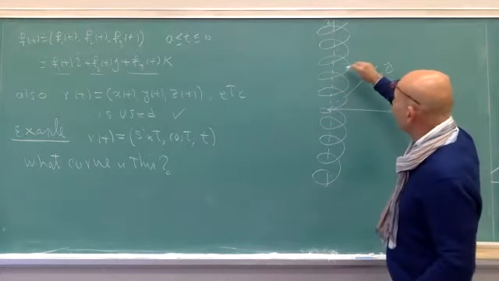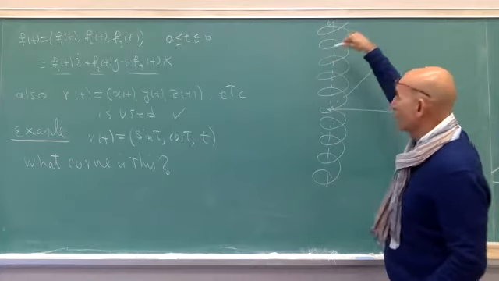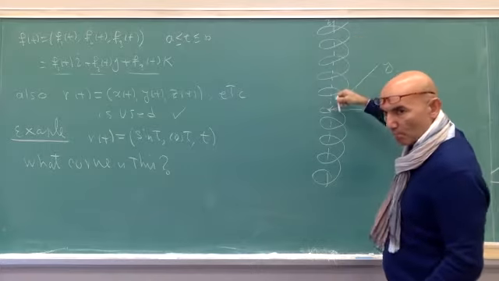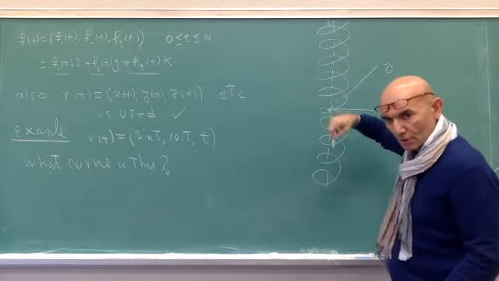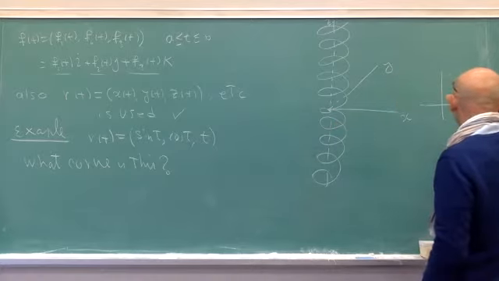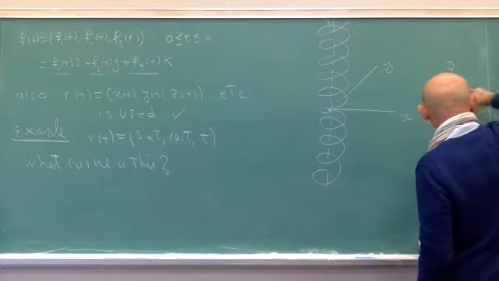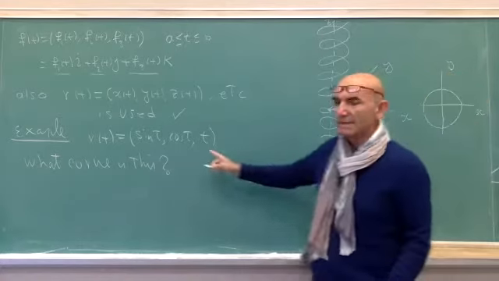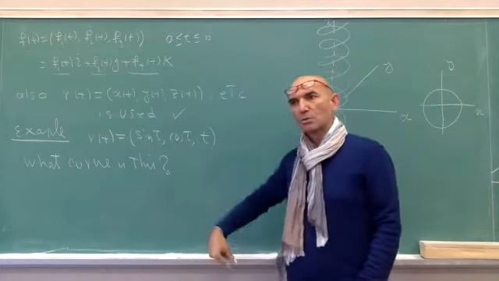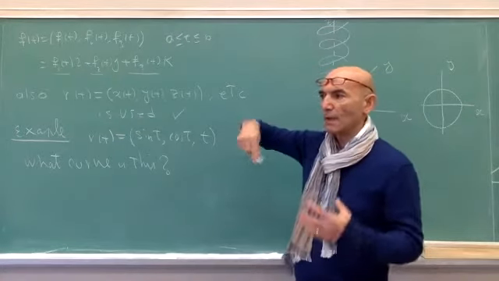So the shadow of this particle that moves along this curve, if you study its trace projected from above, is going to be a circle on the plane. But because there is this t factor, this t pushes it up or pushes it down. So it's not something in the plane, it's something in space, obviously.